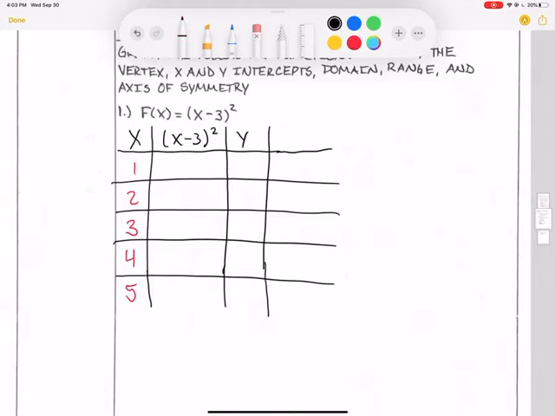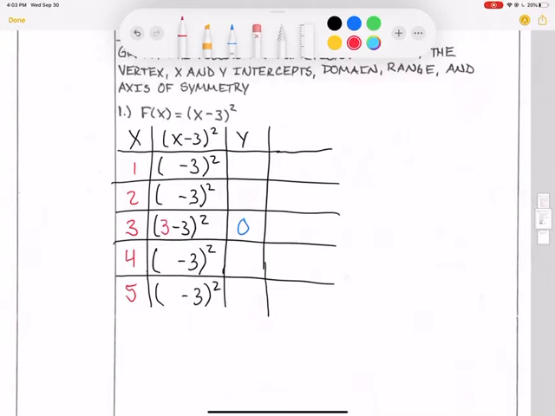So again, the reason I chose 3 is because when I plug this in, 3 minus 3 is 0, and 0 squared is 0. I want to always have a small number to work with, something easy. So if I do this for the rest of these points, if I plug them in, subtract 3, and square them, I'll end up with the rest of my y values. So I'm just filling this out.